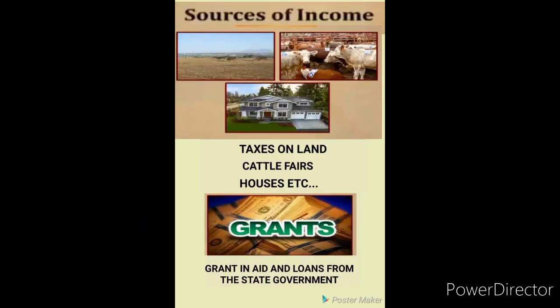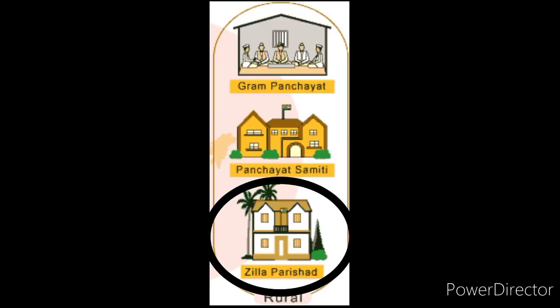Sources of income of Block Samiti: main sources of income are taxes on land, cattle fares, houses, etc., grant in aid and loans from the state government.